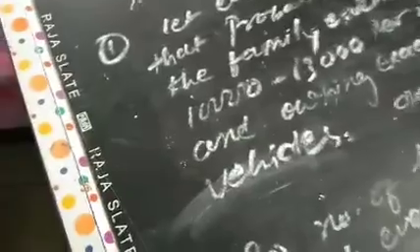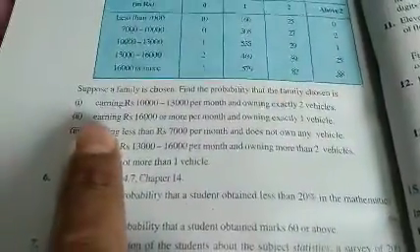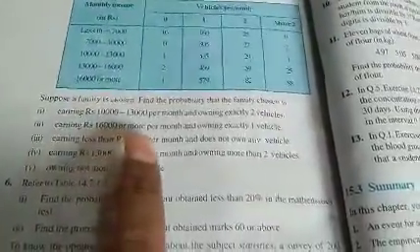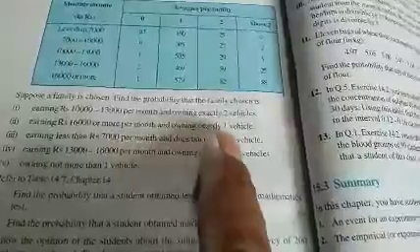Now we try the second probability: a family earning 16,000 or more per month and owning exactly one vehicle.